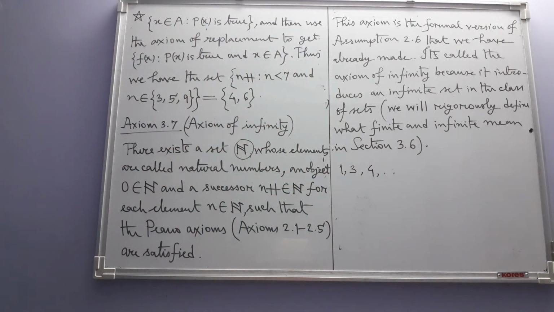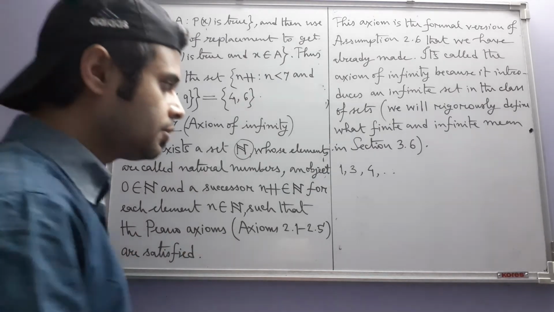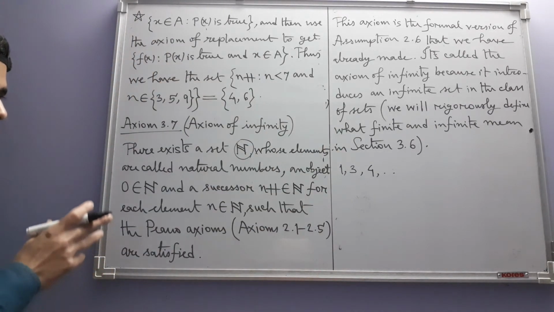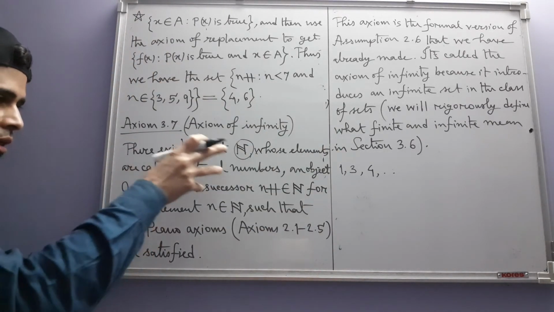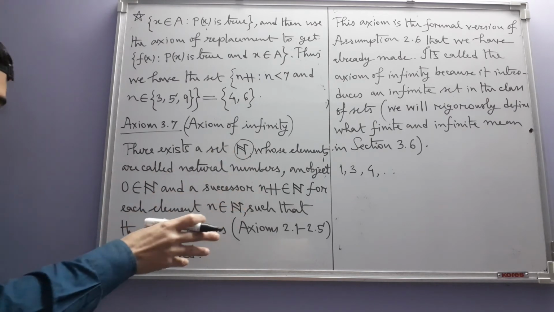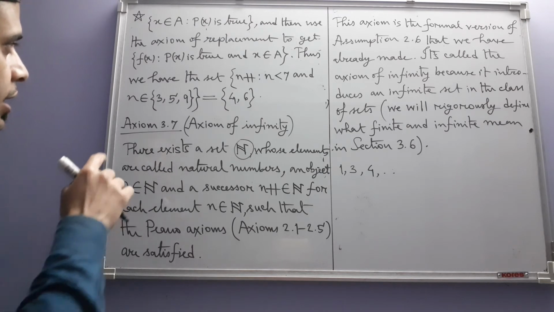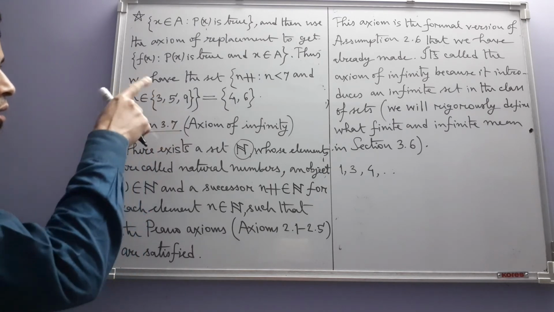Unless we say that something is an object in set theory, it does not have the right to be an element of some set. Okay. So this axiom includes in it that thing also, that the natural numbers defined using Peano axioms are objects in set theory.